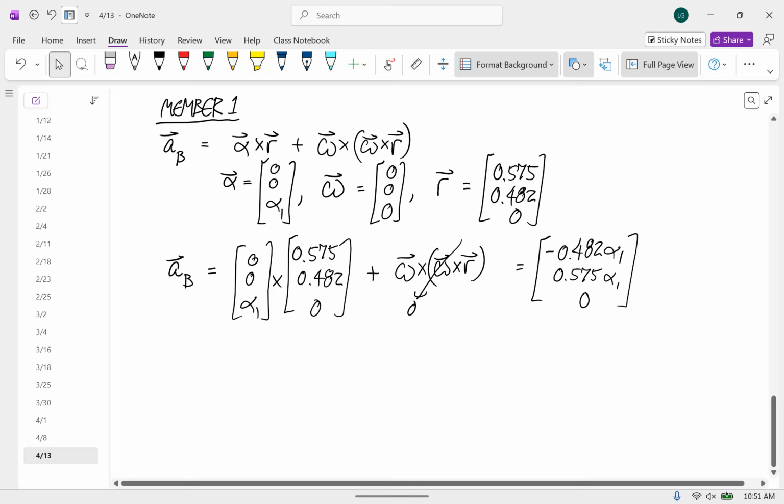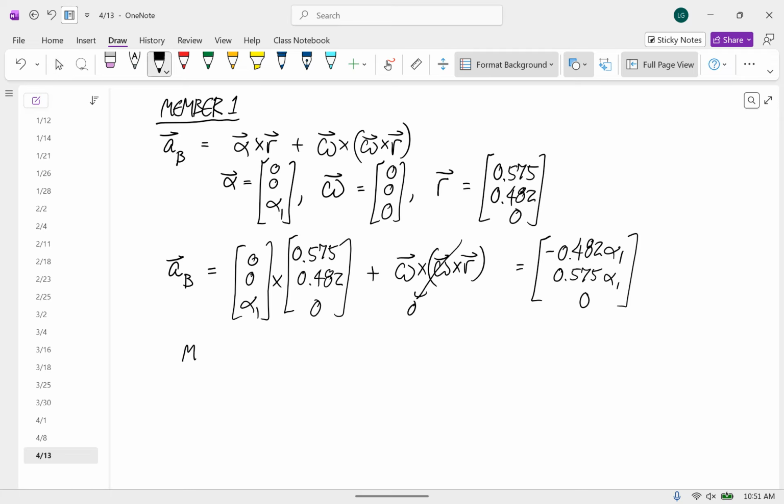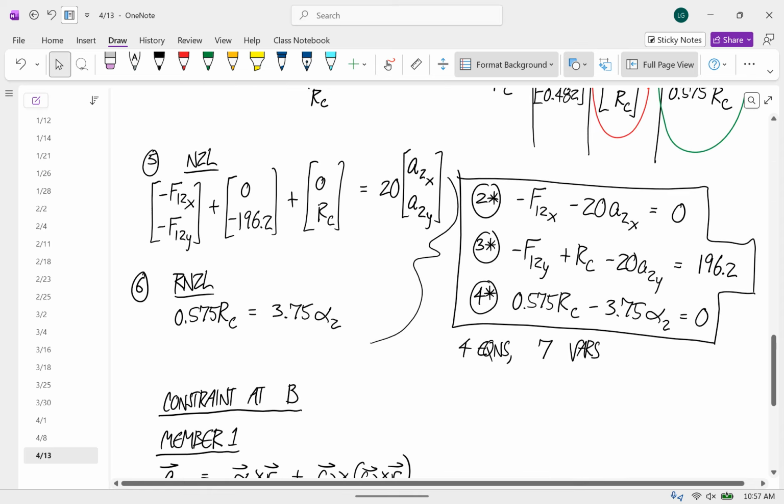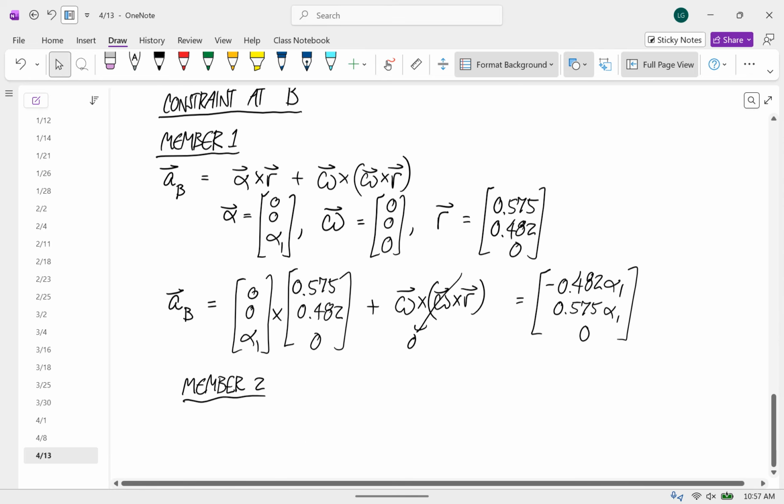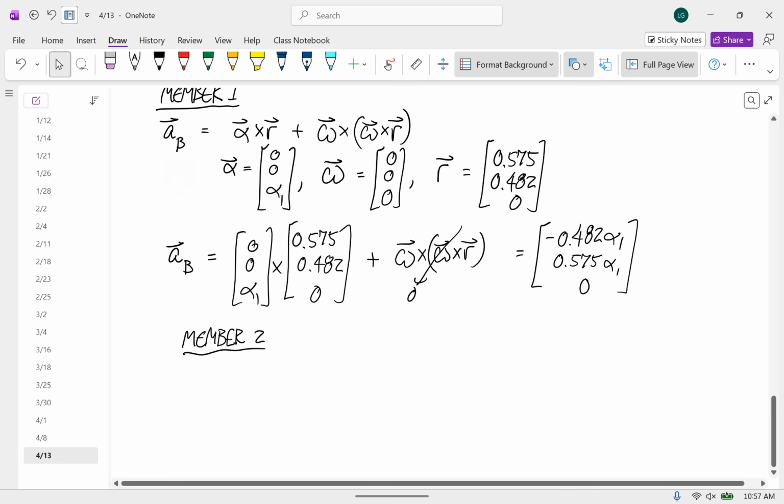Okay, so now do member 2, and then come up with the 2 constraint equations. So now we're going to calculate the acceleration of B according to member 2.